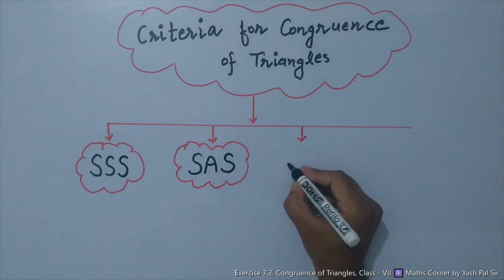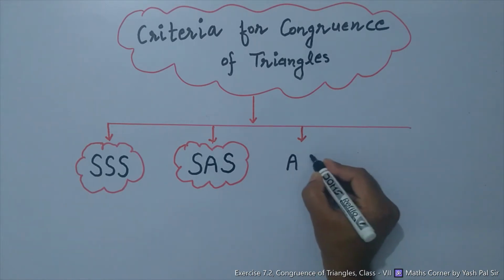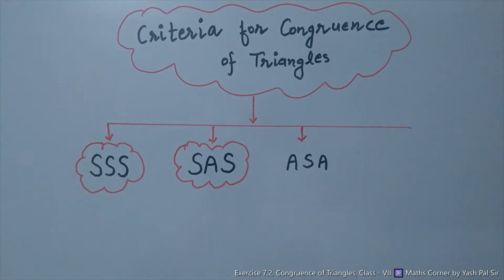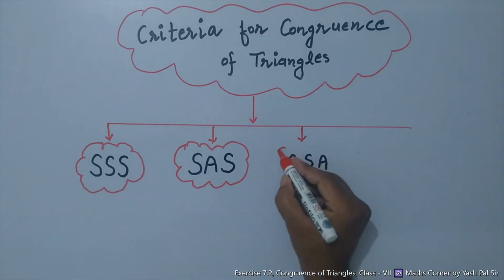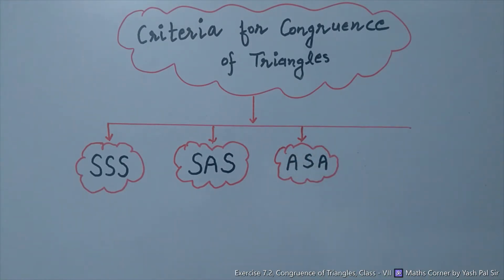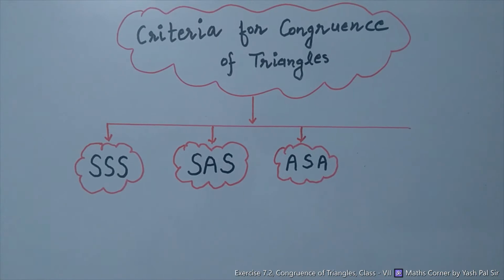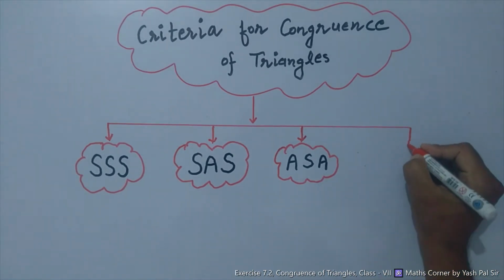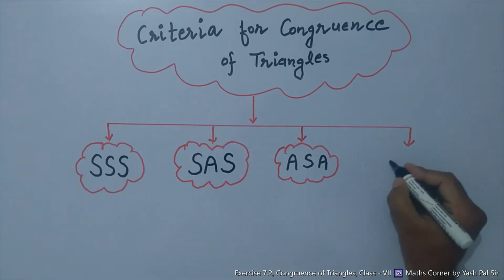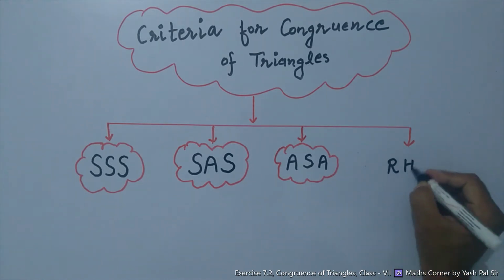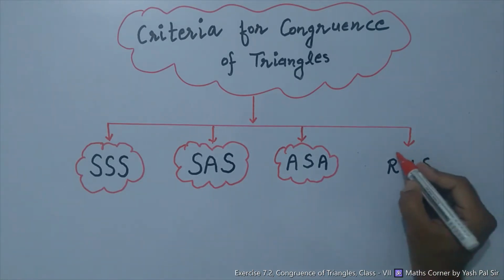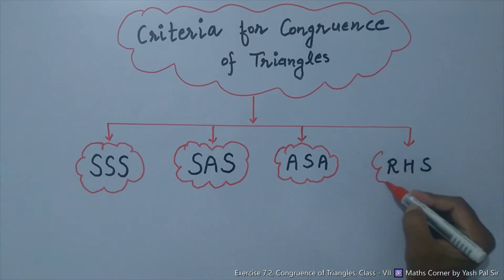The third one is angle, side, angle criteria for congruence of triangles. The last one is RHS. RHS criteria for congruence of triangles, right?